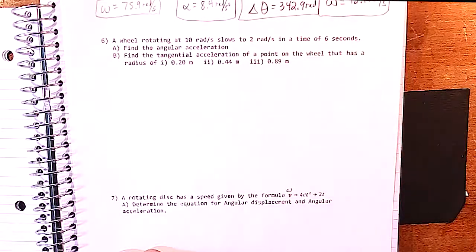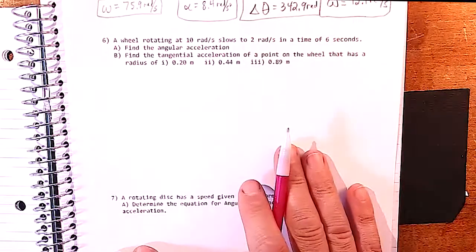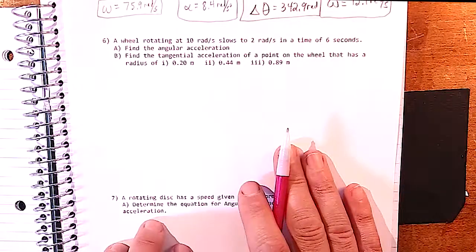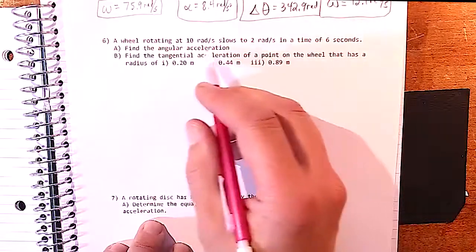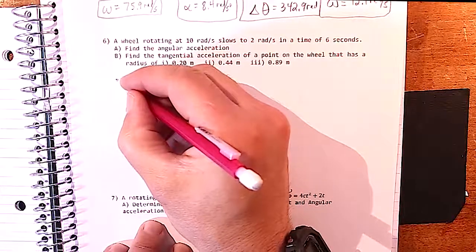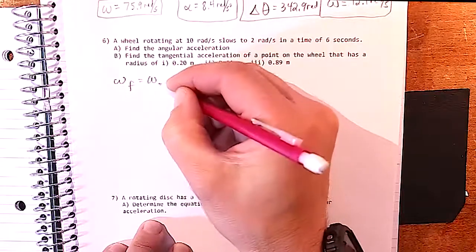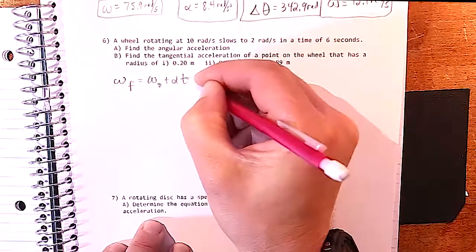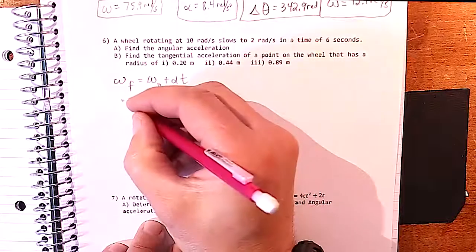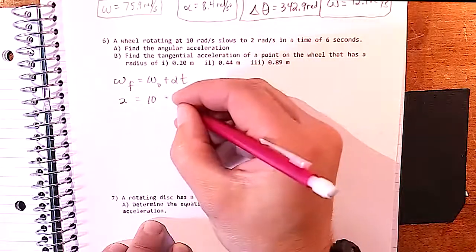Okay, in this one we have a wheel that slows down. So this is a good one because we have a negative alpha in this case. So it's rotating at 10 radians per second. So we can do omega final equals omega initial plus alpha t. And our final is 2 radians per second, and our initial is 10.